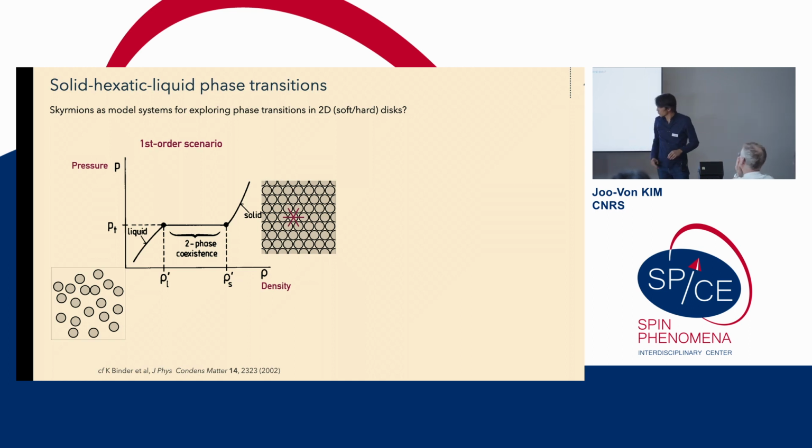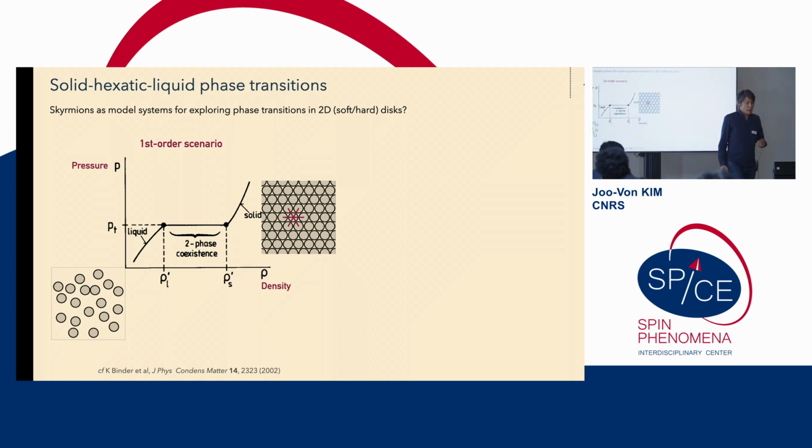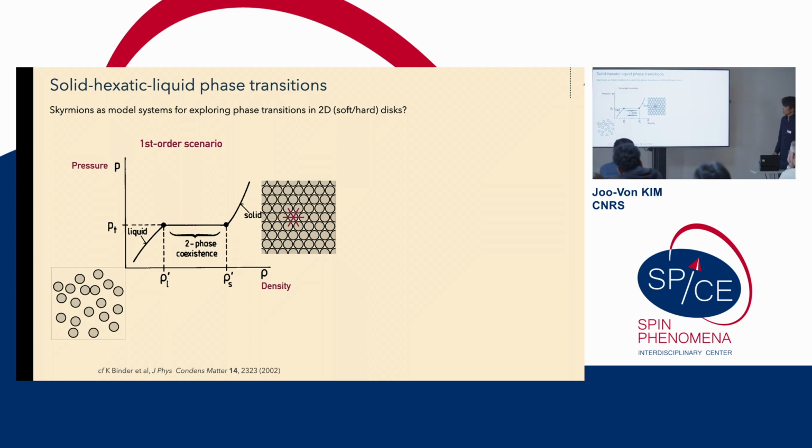For example, a solid phase, which would organize into this hexagonal lattice here, and some schematic illustration of the liquid phase. This is very trivial, but serves as a very interesting model system to study phase transitions. One of the early questions was, how does the solid get to the liquid phase?